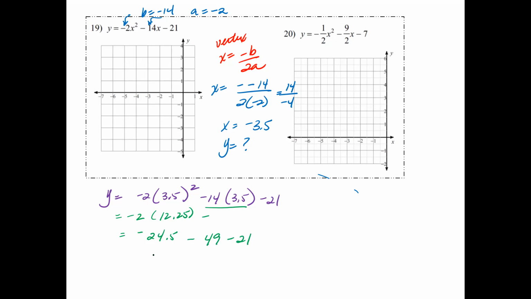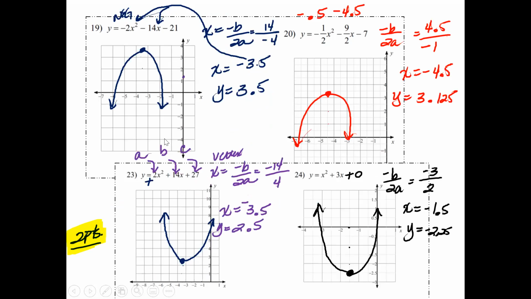So then altogether, what we're going to end up having is going to be a 49 minus 24.5 which is going to give you a y equals 45.5.